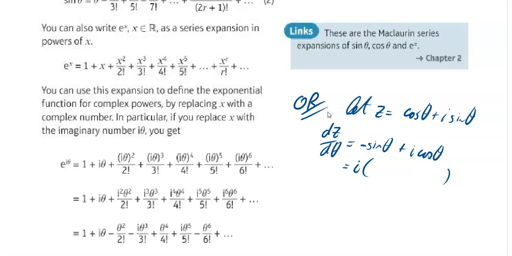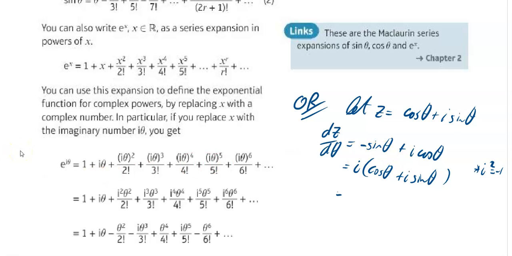So i times cos theta would give you the i cos theta, so we're just going to write cos theta. And then i times what would give you minus sine theta? It's going to be plus i sine theta, because remember, i squared equals minus 1. You have i times i, which is i squared, which is minus 1, times sine theta, so minus sine theta.